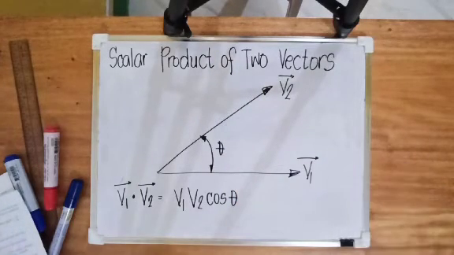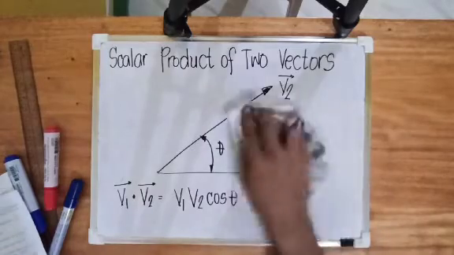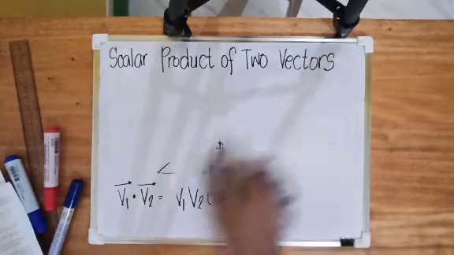So how do we get the magnitude of a vector?